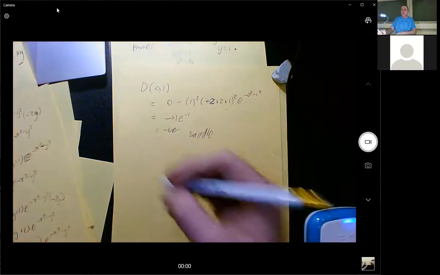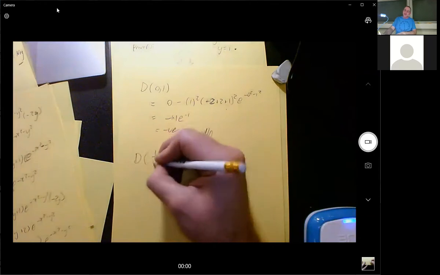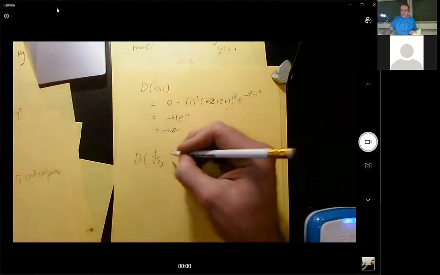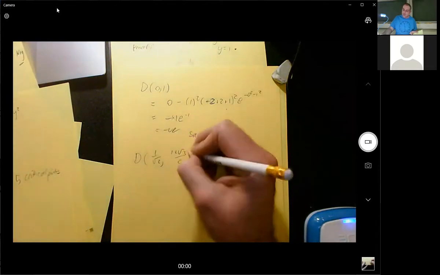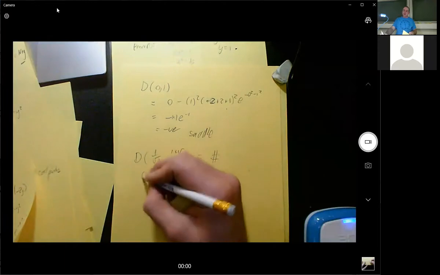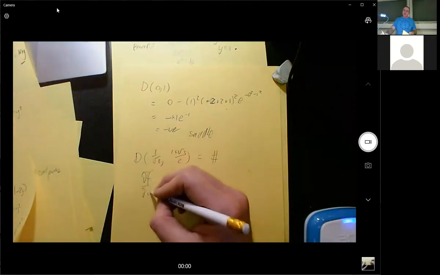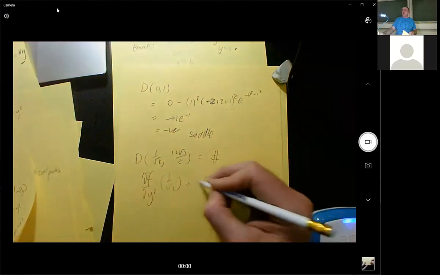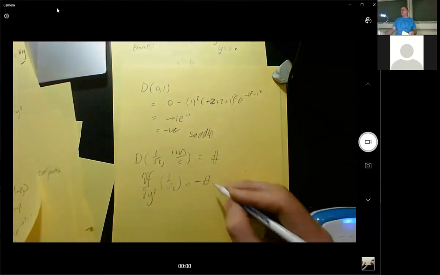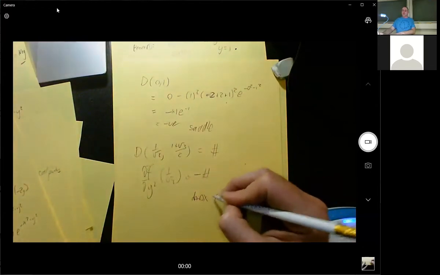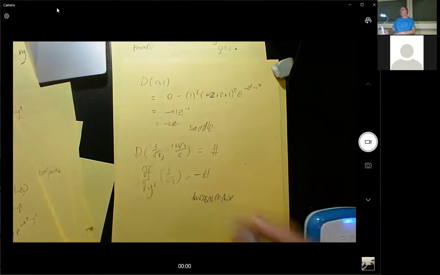So they probably would have said d of a bunch of points. They'll say d of this is equal to this number here. And also, just so you know, d squared f on dy squared at 1 on root 2 is this number here. And this one's positive and this one's negative, and you'll say, oh, well, this is a local maximum. So that's what they probably do.